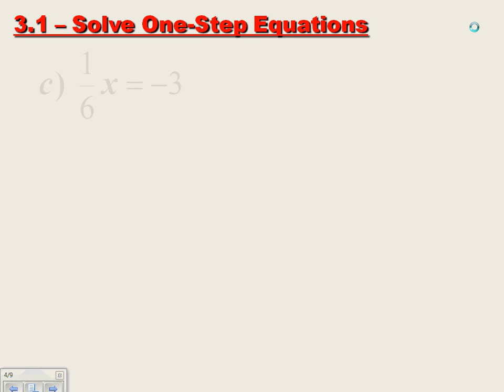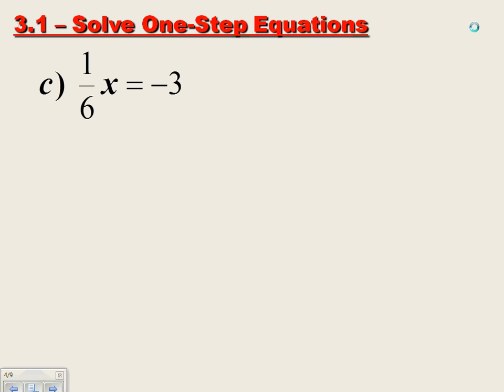Let's look at letter C. Now, if you guys recall, we have a fraction for this problem being multiplied to the variable. You guys should remember how to cancel the 1/6 when you multiply it to x. How do we do that? We do that by fraction busting.